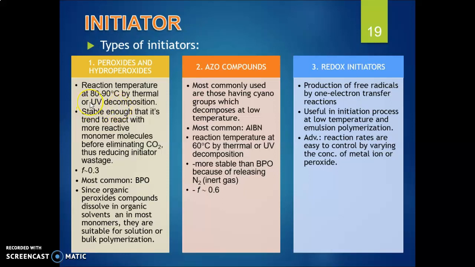Okay, so the reaction condition needs this range of temperature, by thermal, by heating it, or under UV. Stable enough that it tries to react with more reactive monomer molecules before eliminating carbon dioxide, thus reducing initiator wastage.